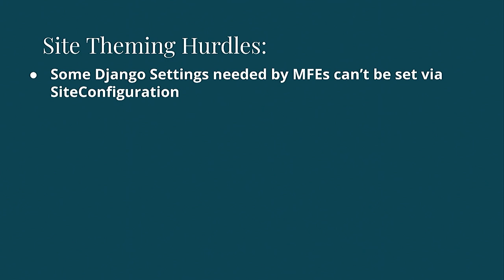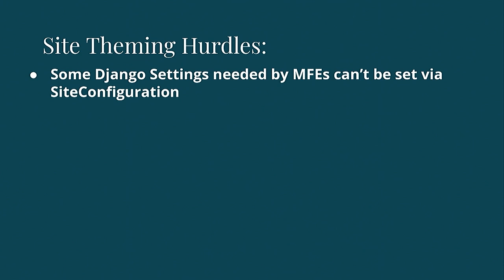For our client, we needed to have dozens and dozens of sites, each with a different theme. What this essentially meant is that for each MFE, there were 9 at that point of time when we were working on the project, I think there are more now, each of those MFEs needed to be built multiple times, once for each theme, once for each site. The first issue we faced was that there were some settings that you just can't configure from site configuration, which we needed to vary on a site-by-site basis.